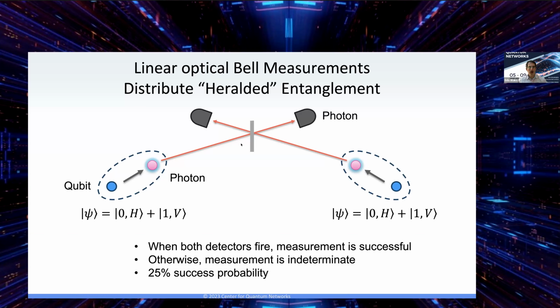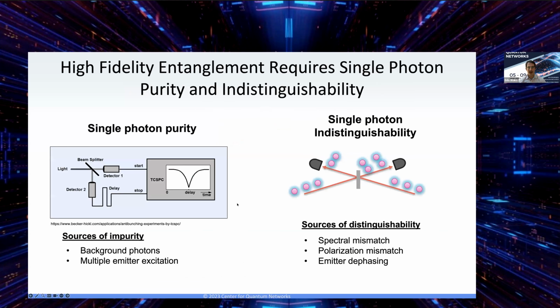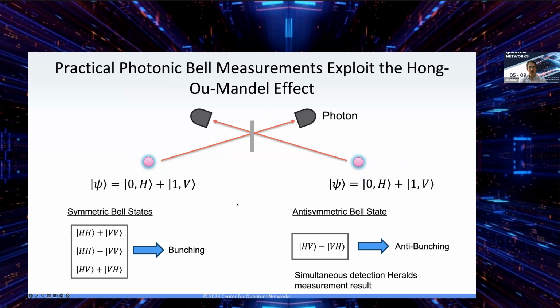Yeah. So this one, there's a little more trouble with. The answer to this one was photonic Bell measurements require photons that are indistinguishable, meaning that they exhibit two-photon interference. So let me just step back and review that.